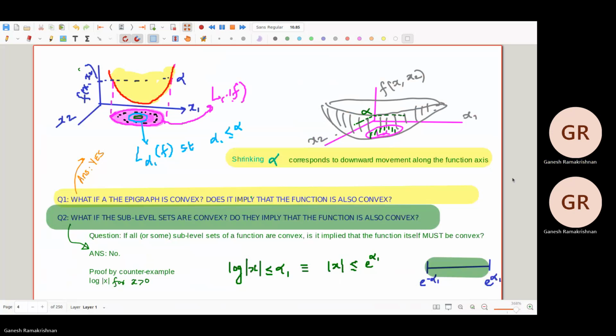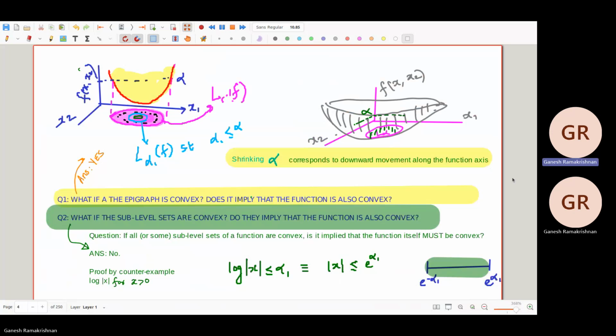Basically, this set is nothing but, in fact, the closed interval e raised to minus alpha 1 to e raised to alpha 1. These sublevel sets are all convex. Any alpha 1 you take, you're looking at a closed interval. They're all convex. So you have convex sets, but the function is not convex.